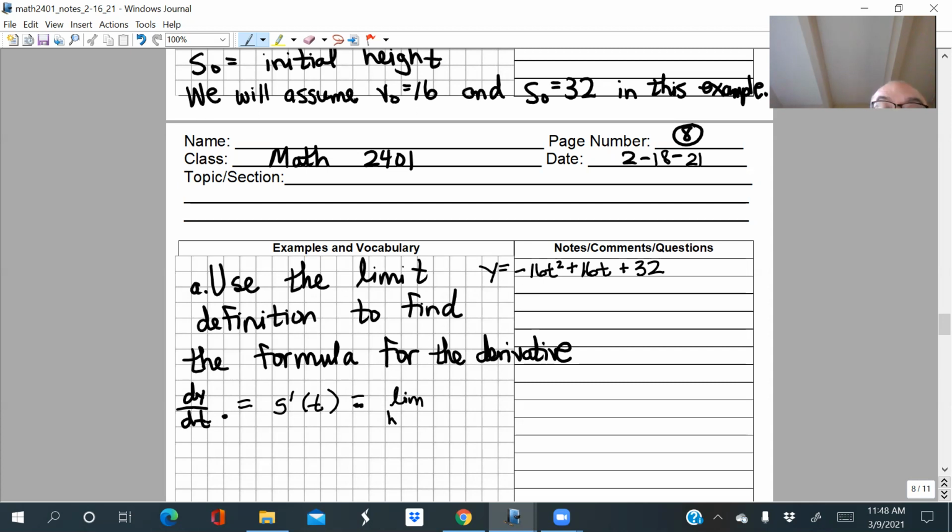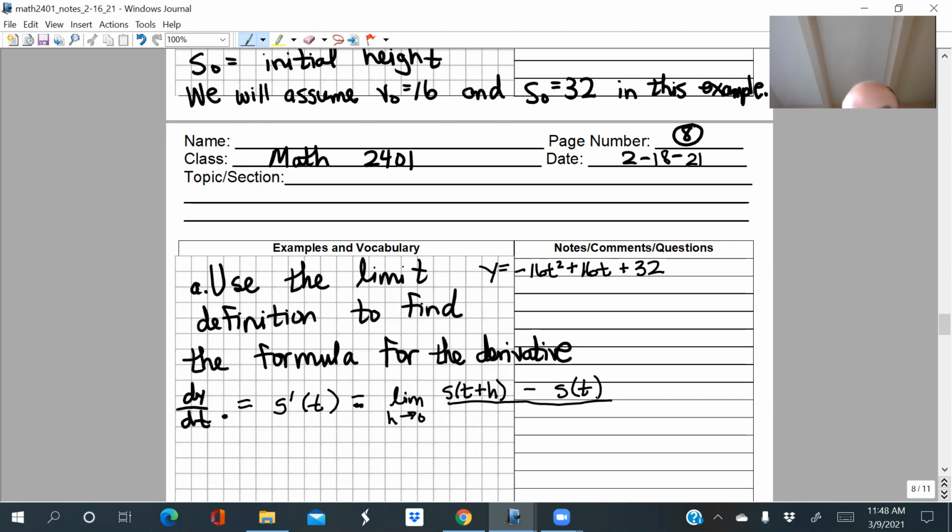Remember, it's the limit as the increment goes to 0, right? Of, and then you just have this fraction, which is really just an average rate of change calculation, right? So you have s of t plus h. You take your input variable plus the increment, apply your function to that, minus s of t.